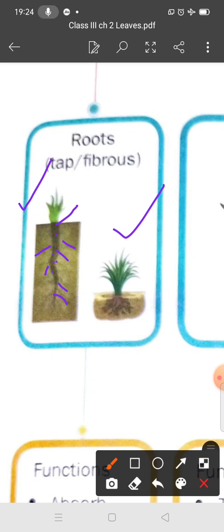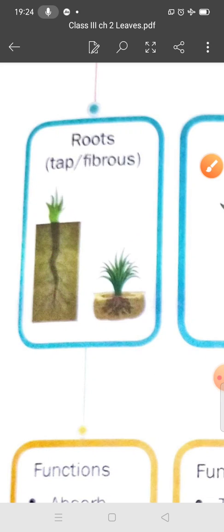Okay student, now there is a fibrous root also.